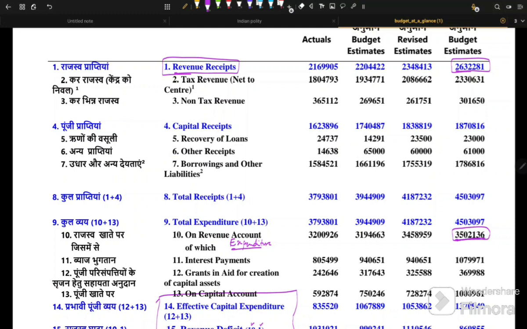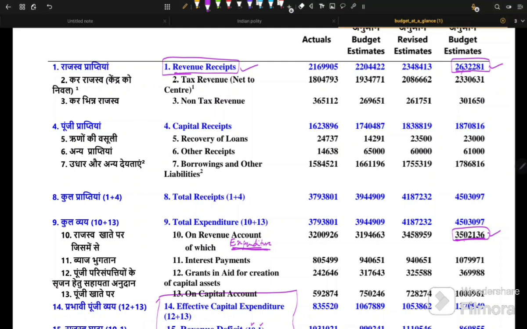Revenue expenditure means we spend money, here the government is spending money, 35 lakh crore something, but we get only 26 lakh crore something. Is it a shortage of funds or a surplus of funds? It is a shortage of funds, because the revenue receipt is not sufficient for revenue expenditure. It is just 26 lakh, but revenue expenditure is 35 lakh.